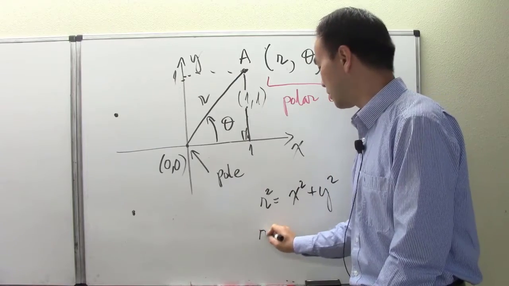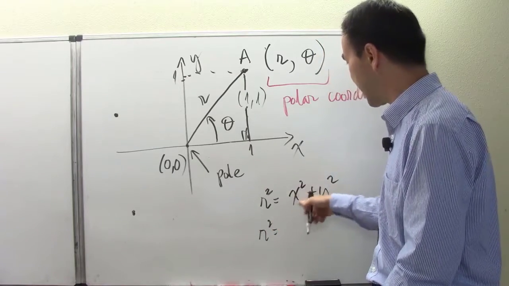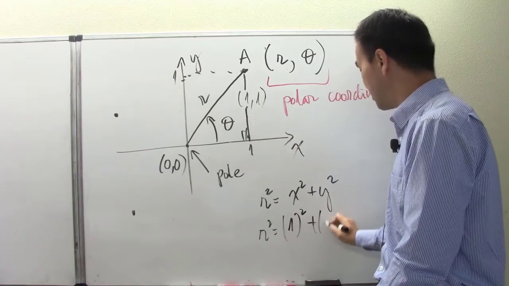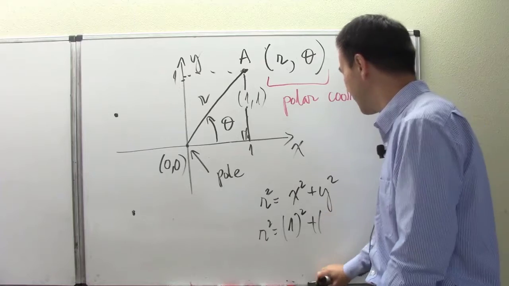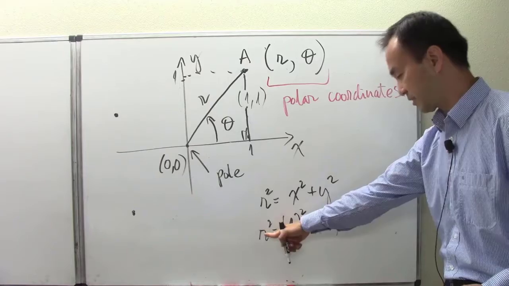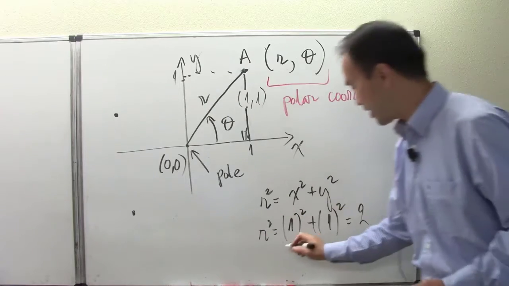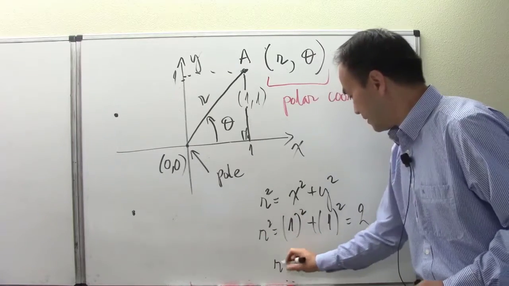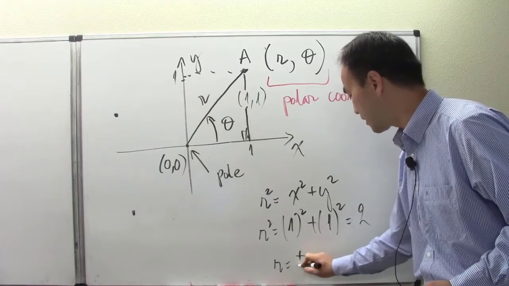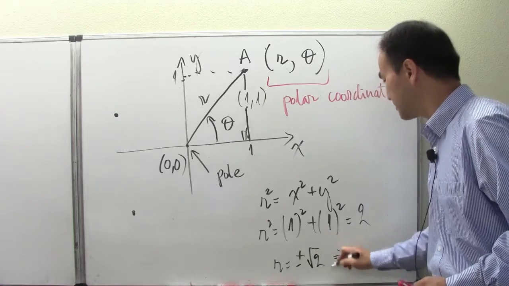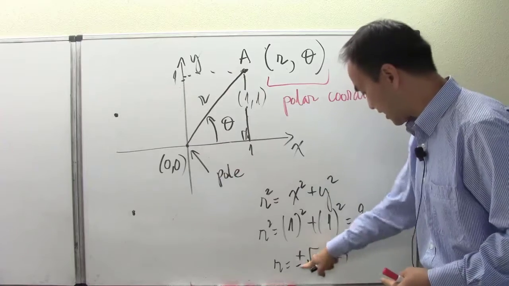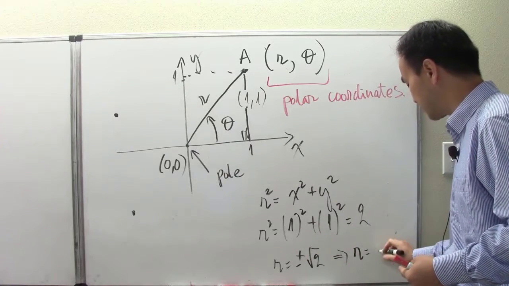Each of x and y was 1, so 1 squared plus 1 squared. We are now looking at r squared equals 2, which means r equals plus or minus the square root of 2. But here it's an actual distance, so we take the positive. So it's positive square root of 2.